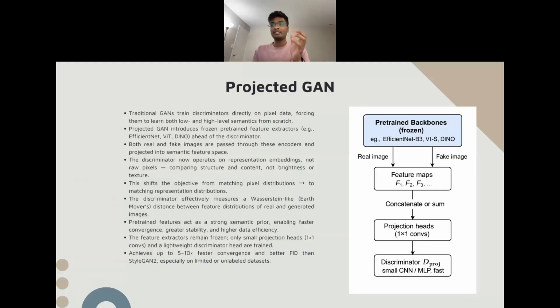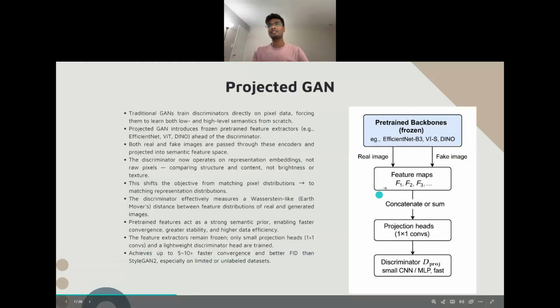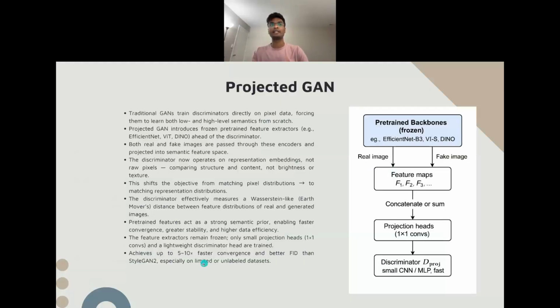It also allows for better stabilization during training, since the pre-trained features already know how to encode meaningful representations of the images we are training on, and the GAN doesn't have to learn all the way from the start. This has shown that training can be sped up by about 5 to 10 times, and it has also shown better FID scores.